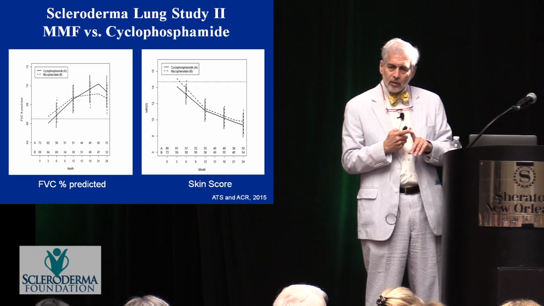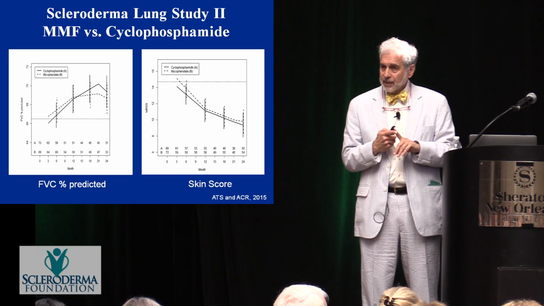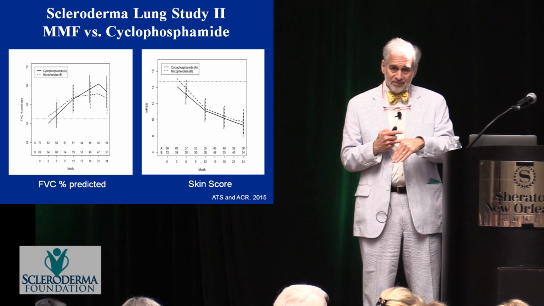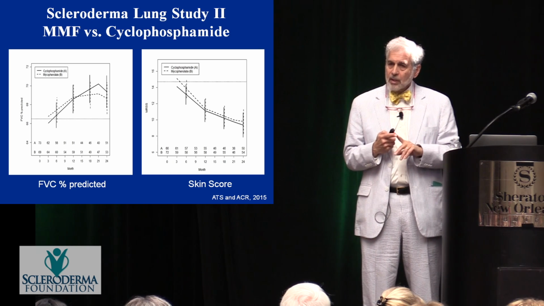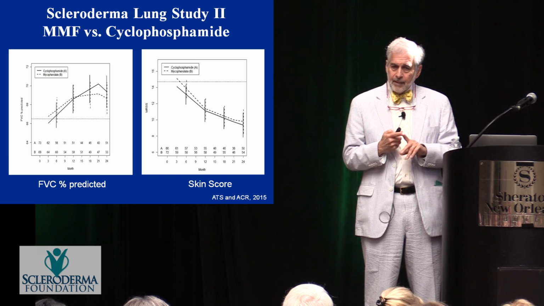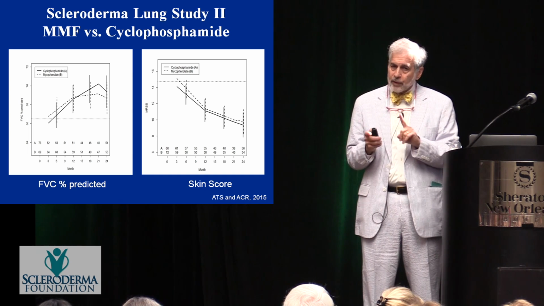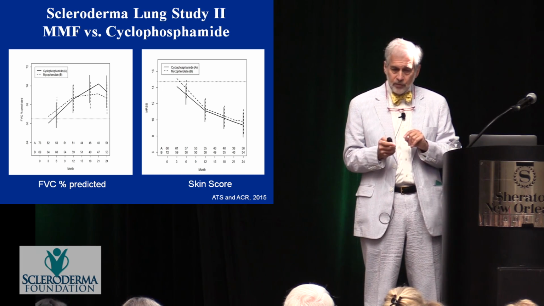The slide on your right is a skin score. In this case, going down is better. And so you see that both groups of patients had softening of their skin at 2 years. And there was no difference between the two groups, cyclophosphamide for 1 year, CellCept for 2 years.